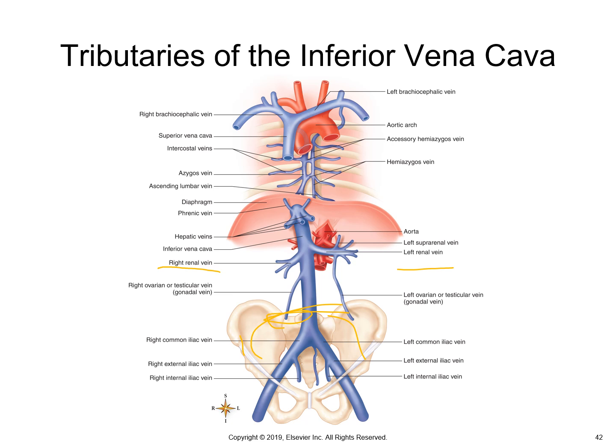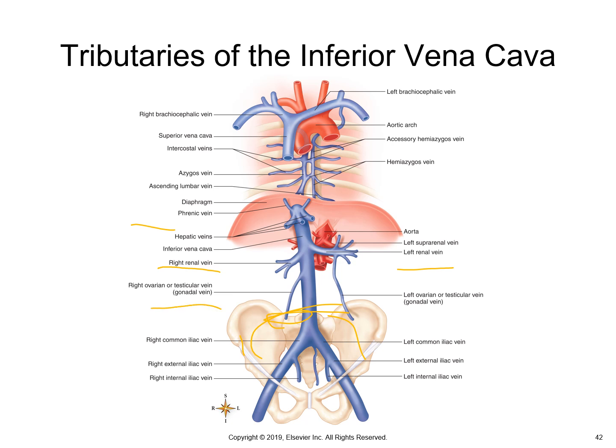All right, then we have the hepatic veins as well. The hepatic veins drain blood from the liver into the IVC after it's been processed by the hepatic portal system. All right, then we have gonadal veins as well.